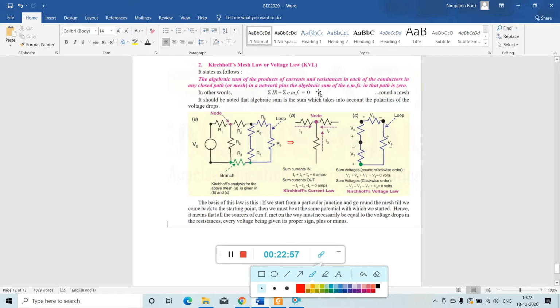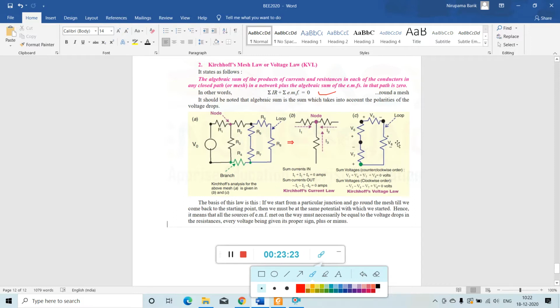In expression, summation of I into R plus summation of EMF is equal to 0. So first consider a mesh or a loop or a closed path.